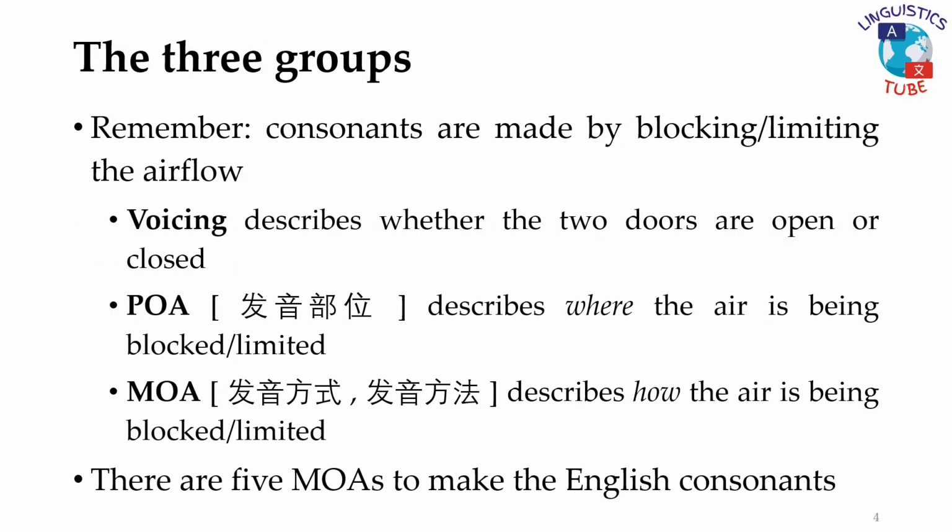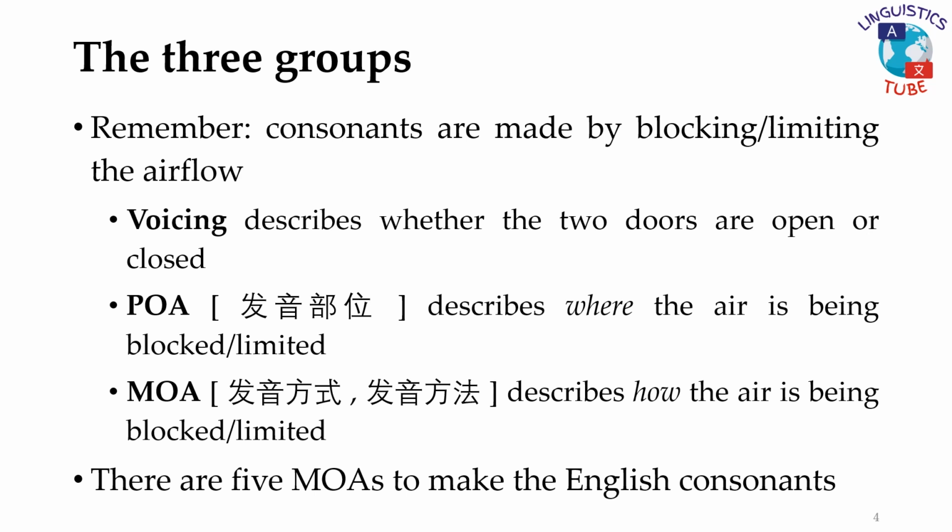We've previously learned that consonants are made by blocking, or at least limiting, the flow of air as it travels from the throat and exits the mouth. Voicing describes whether the 2 doors in the throat are completely open or mostly closed. Open creates voiceless sounds, whereas mostly closed creates voiced sounds.